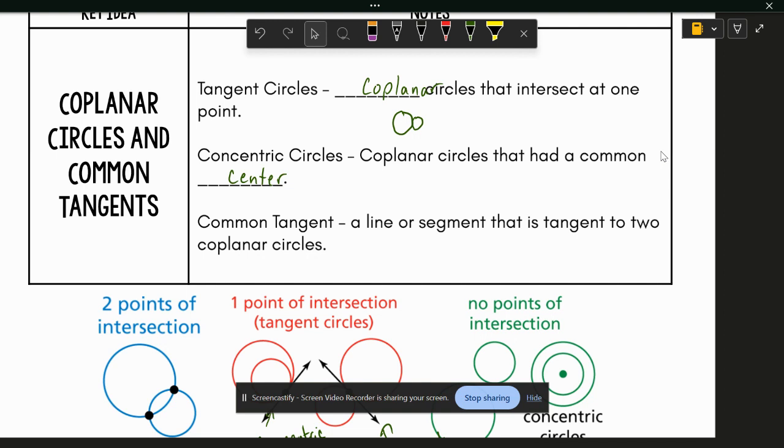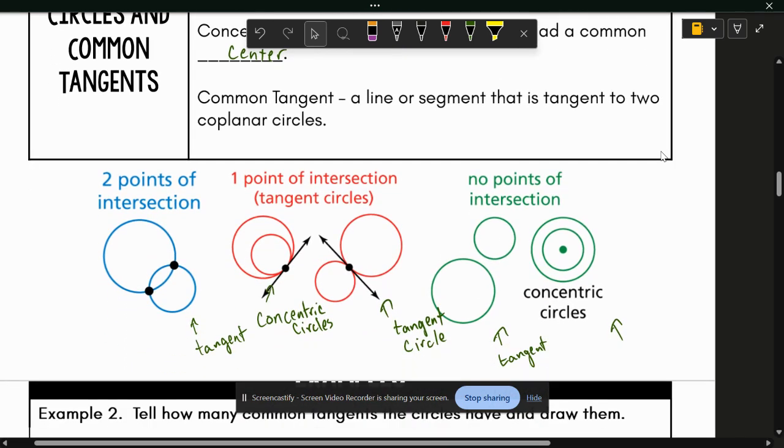Concentric circles are coplanar circles that have a common center. And then we talked about a common tangent, a line or segment that is tangent to two coplanar circles. A lot of the discussion was about what concentric circles are compared to what tangent circles look like. The only thing I think that you really need to understand is what the common tangent is, and I'll show you some examples there.